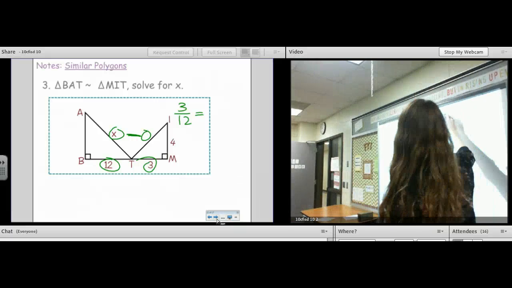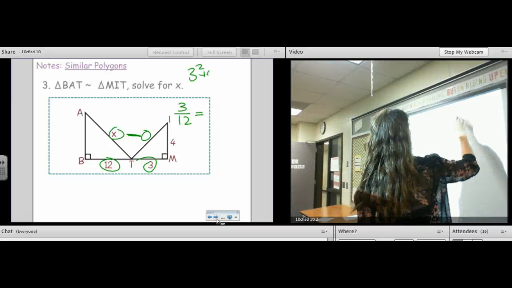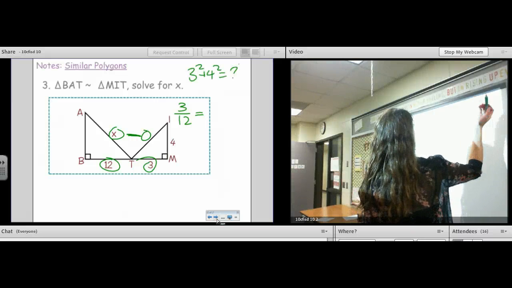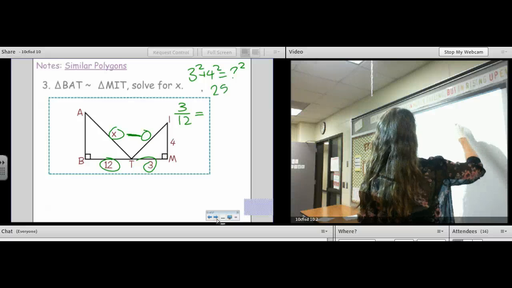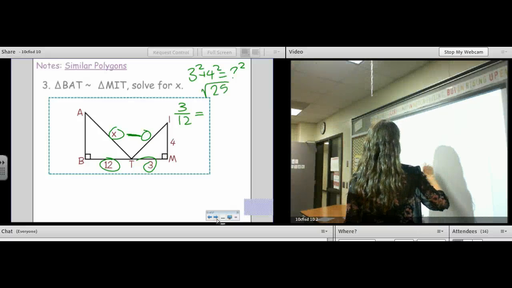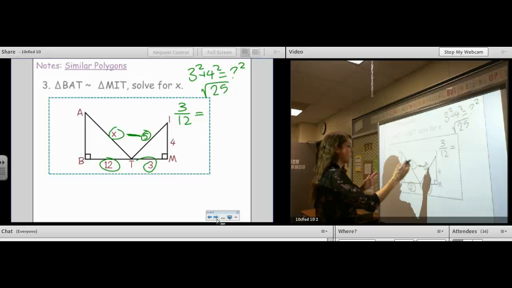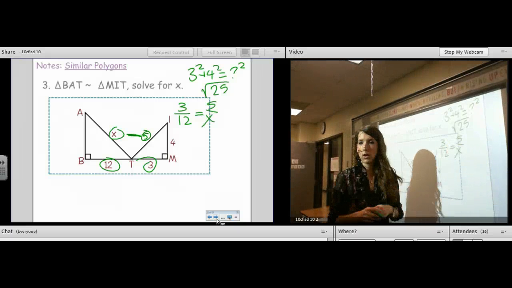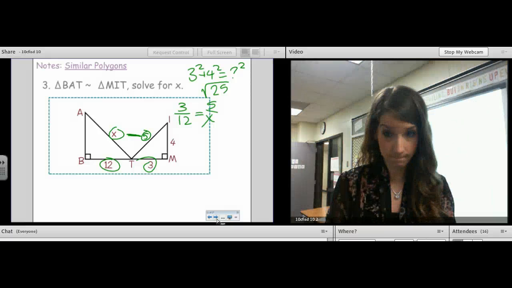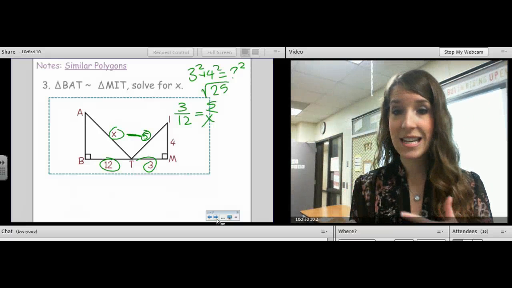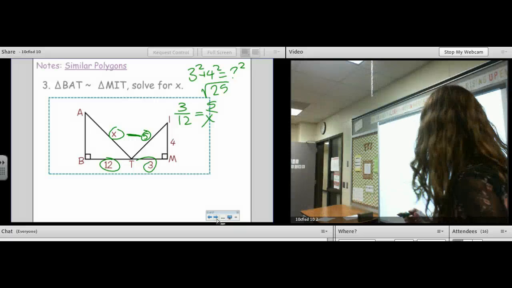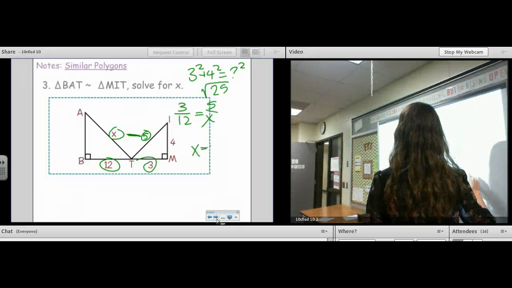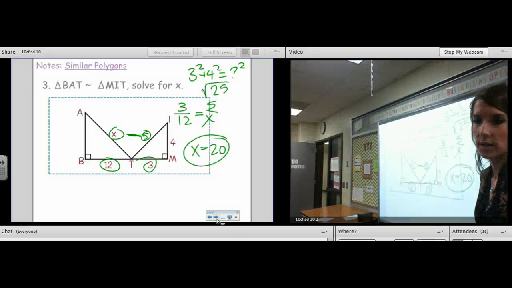But if you didn't remember that, you can do 3 squared plus 4 squared equals blank squared. You're going to get 25, so you'll take the square root of 25. So that's 5. So you could say 3 is to 12 as 5 is to x. And you can cross multiply. 5 times 12, 60. 60 divided by 3, 20. So the answer is 20. The hypotenuse is 20.